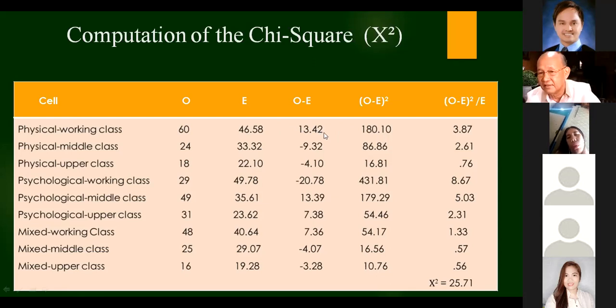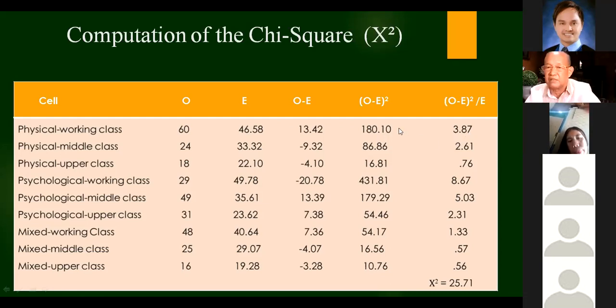Okay ba? Can you follow? Yes, sir. Okay. Tapos, square it. 13.42 times 13.42 is 180.10. So that is the square. And then if you divide this, O minus E square over E, yun ang sinasabi doon sa formula, your answer will be 3.87.